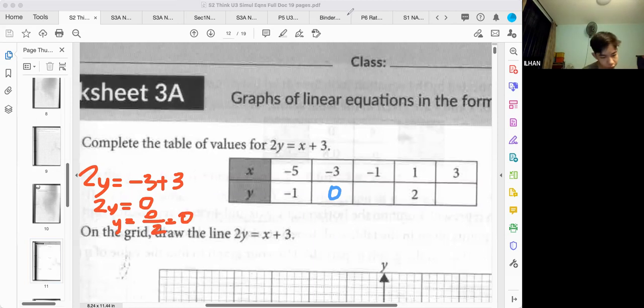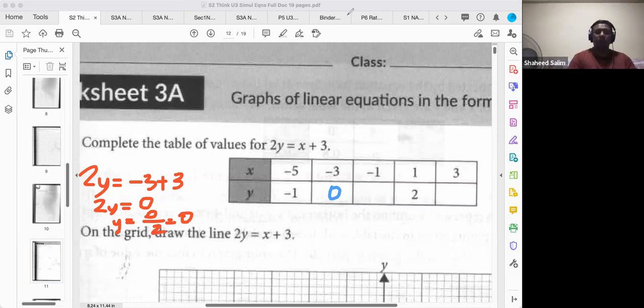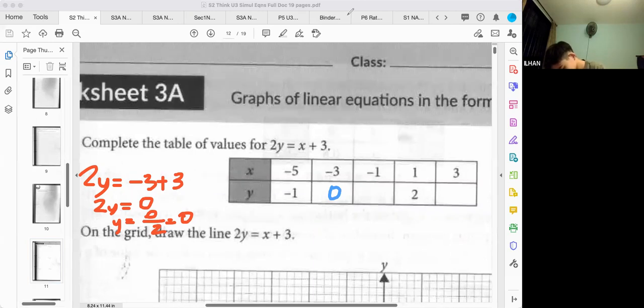I'm going to get a paper. No problem. We get a paper then. Alright.